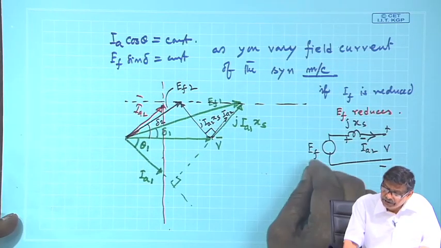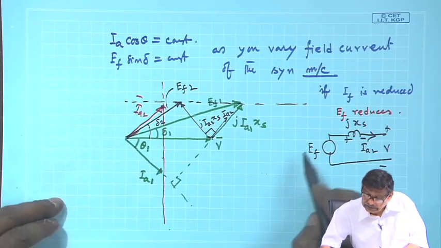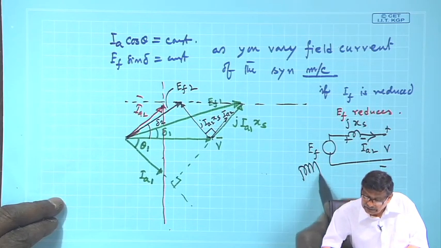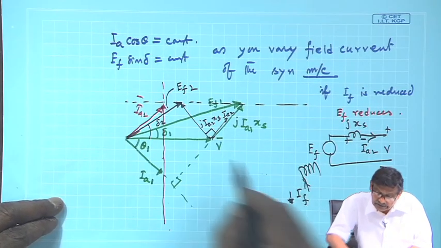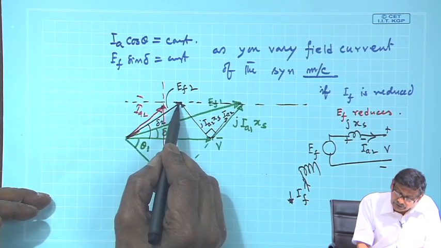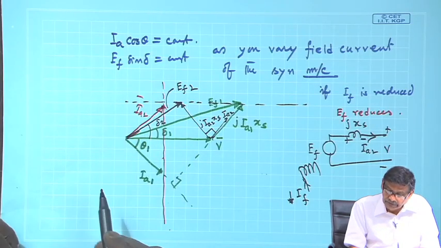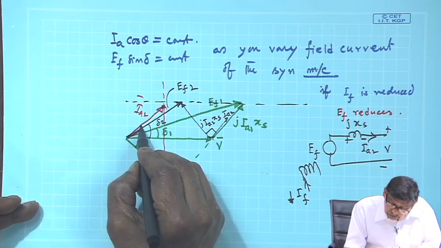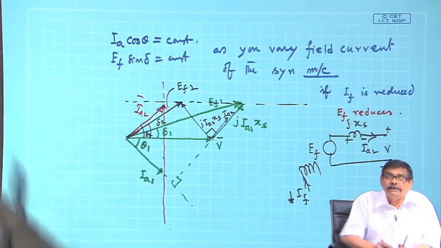Therefore, if you have reduced the field current I_f of this generator, the new excitation voltage will be E_f2, the new armature current will be I_a2, and the new power factor angle will be this, and it will be leading.